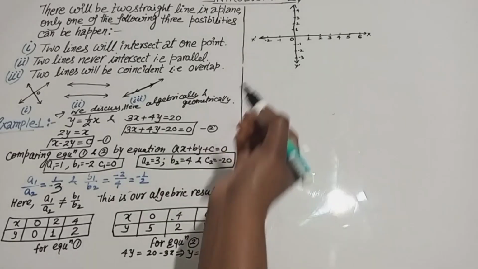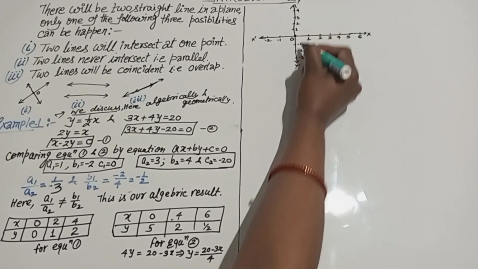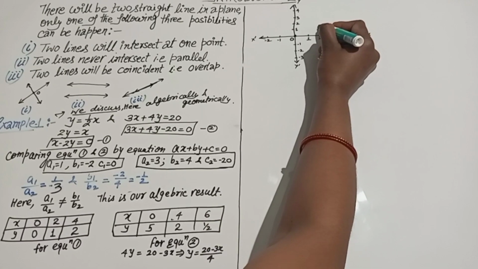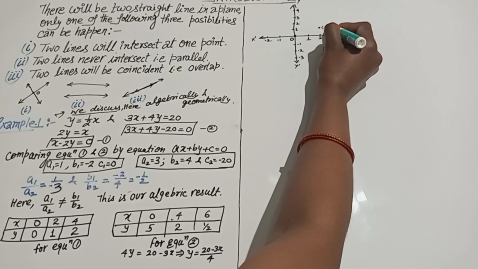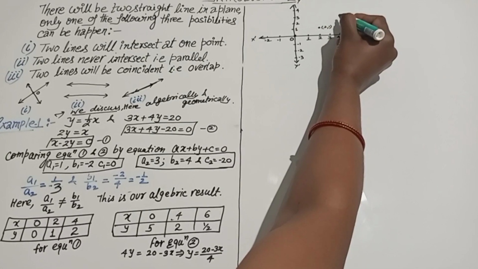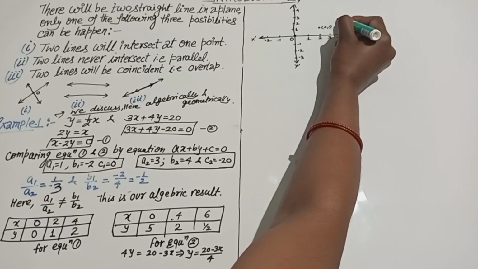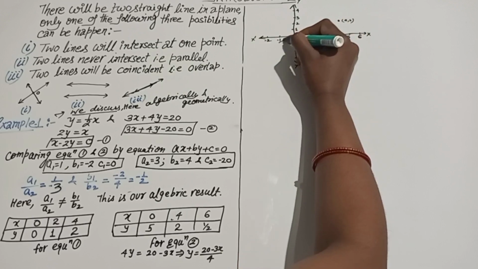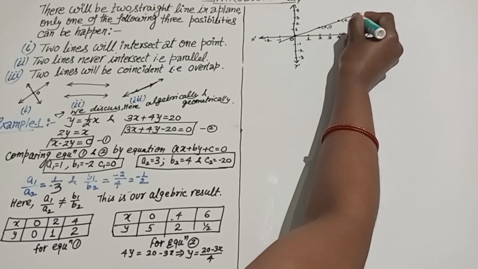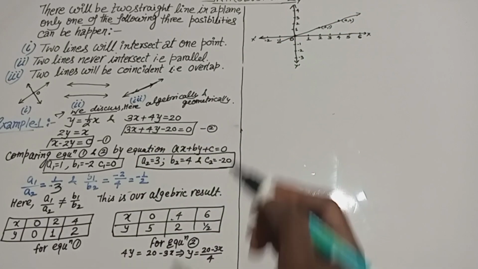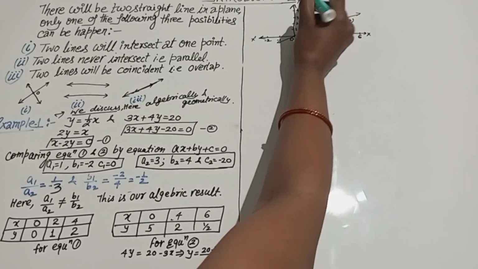So x is equal to 0, y is equal to 0. Next 2, 1. Here is 2, here is 1. Next 4, 2. Here is 4, here is 2. Next 0, 5 is here.